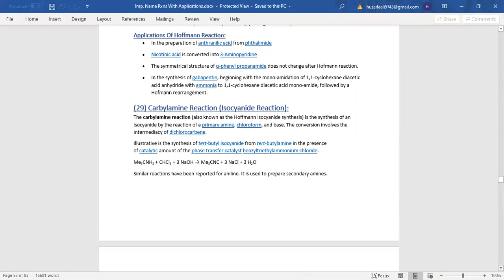In the synthesis of gabapentin, beginning with the monoamidation of 1,1-cyclohexane diacetic acid anhydride with ammonia to 1,1-cyclohexane diacetic acid monoamide, followed by a Hofmann rearrangement.